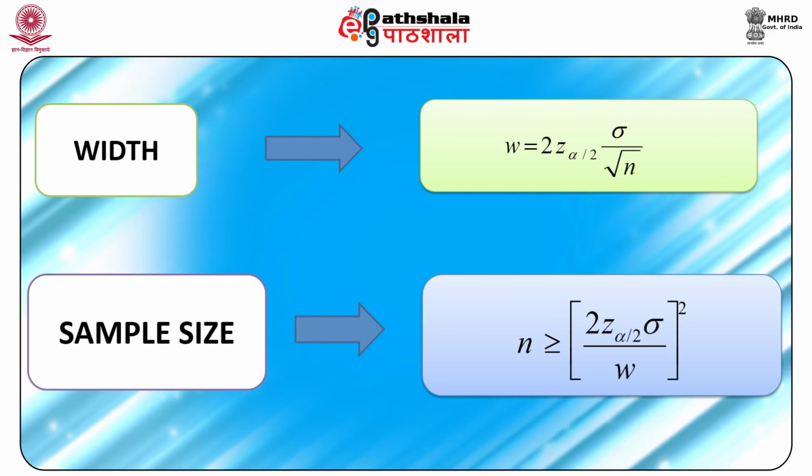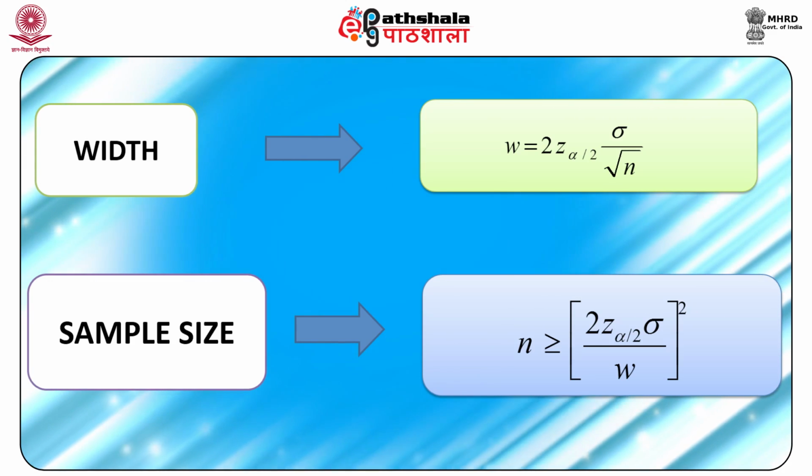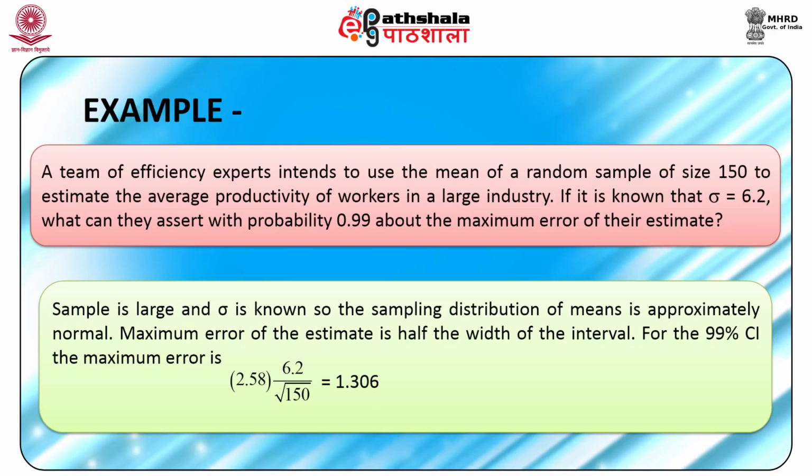For example, if the calculated value is 31.19, then the required sample size is n equal to 32. Let us take an example.